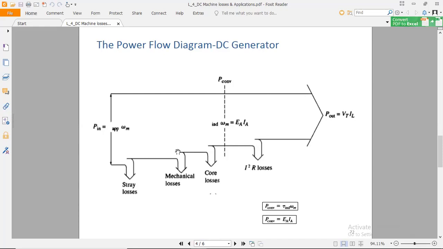All aspects of these losses we already covered in the previous pages, and at the end the output power is obtained after subtracting all these losses from the input power.